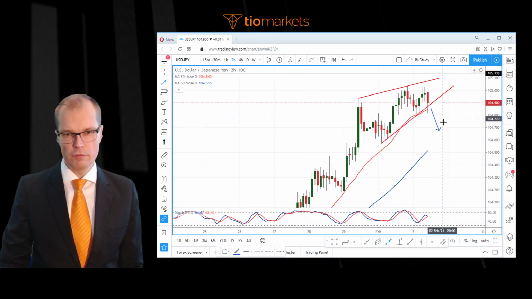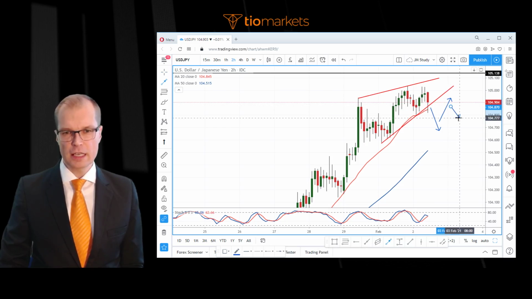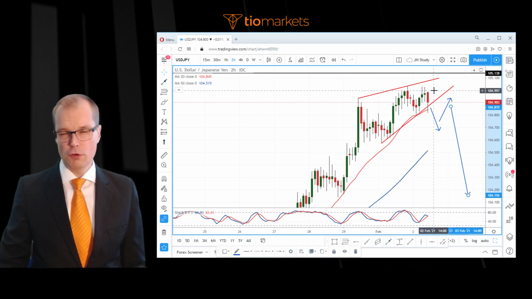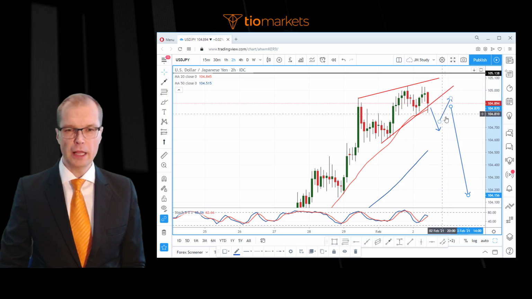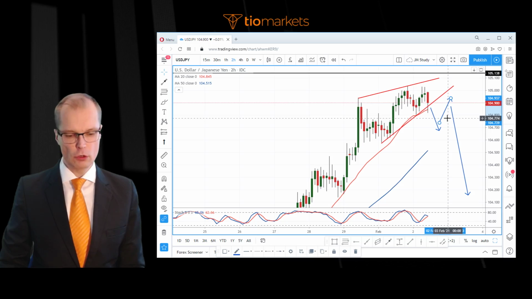Sorry, this is not as effective as I would like it to be, but this is something that could happen. I'm not saying that this is exactly what's going to happen, but this is often how the market behaves. It moves in waves. First of all, it breaks out from the formation, then there's a retracement and then a move lower. But obviously we can't say that it doesn't go lower immediately. So this is one of the scenarios that could play out here.